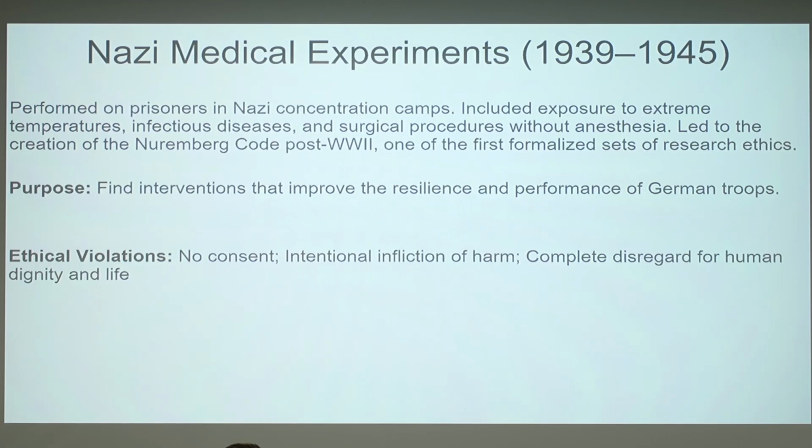And the purpose of these studies was to figure out ways to make the German soldiers more resilient. And here are some of the ethical violations that these experiments violated or hindered. So there was no consent, of course, and they didn't care about the pain or harm that they inflicted.